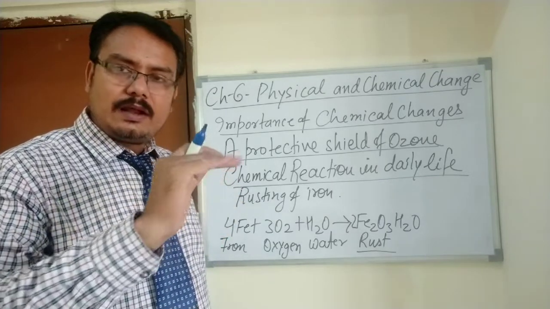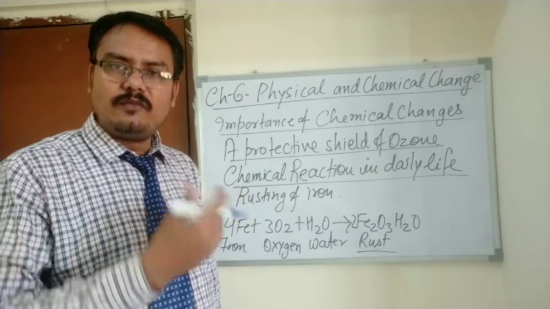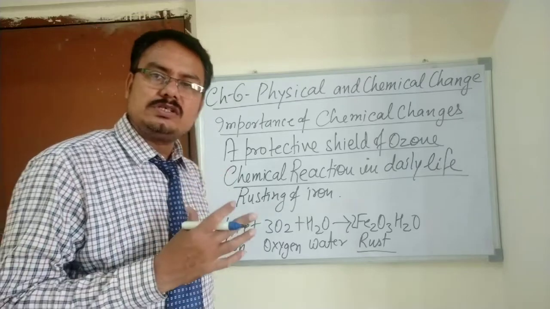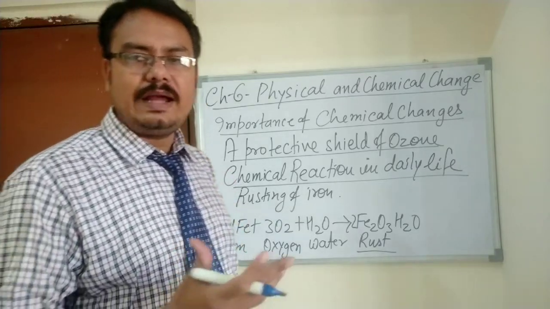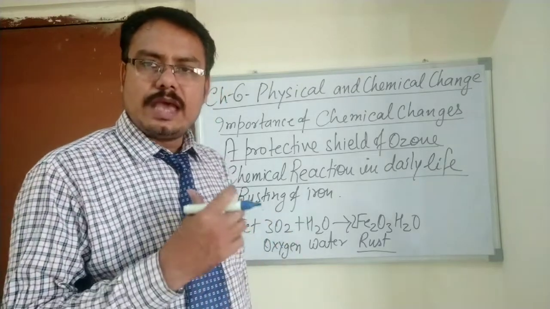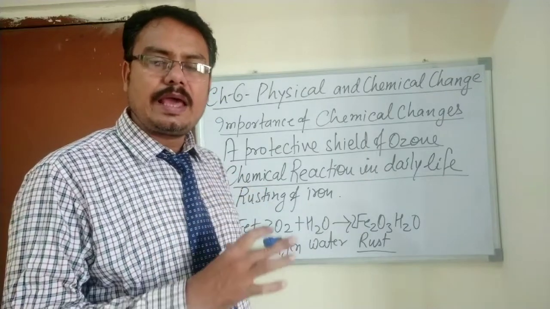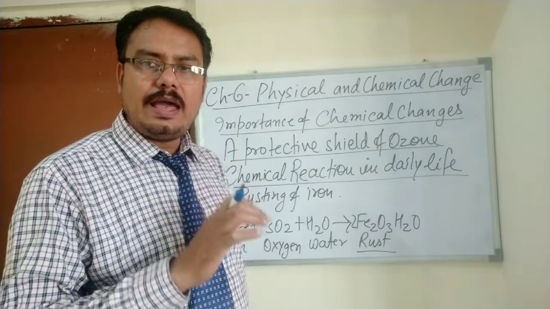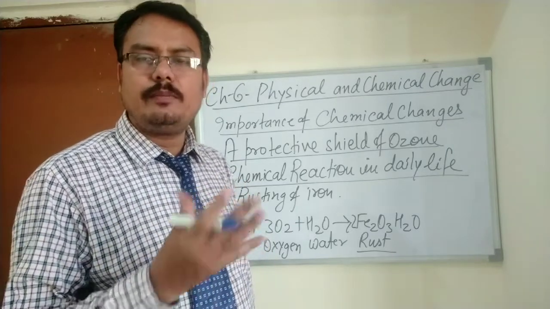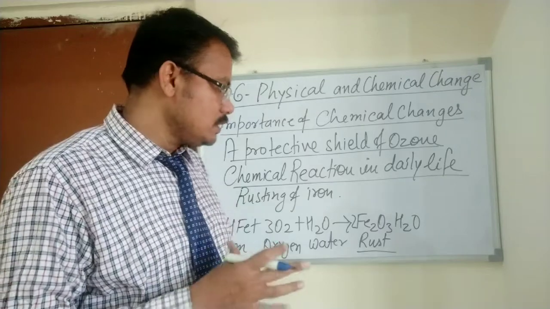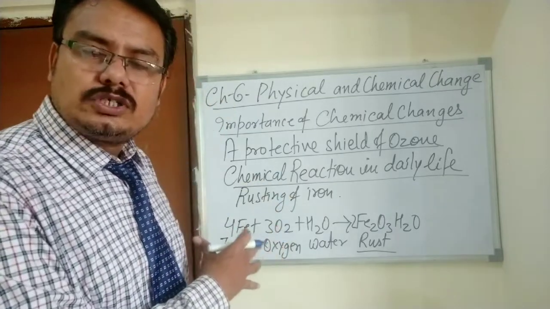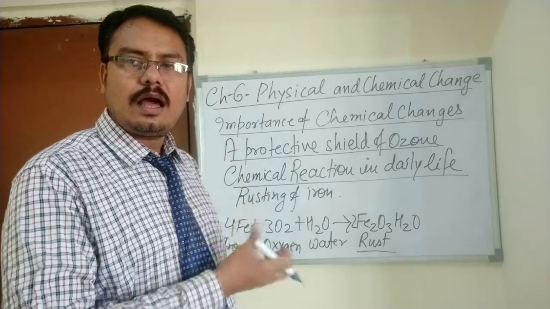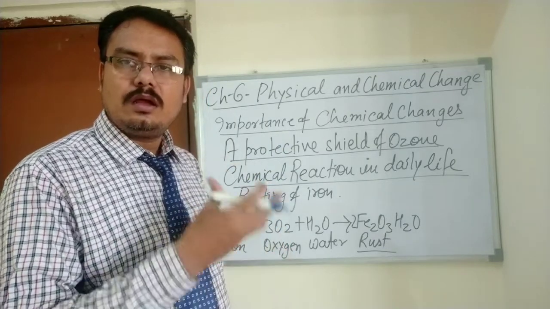The upper layer of the iron object has converted into rust, which is the degradation of that iron object, and slowly that iron will become weak and thinner, and it will not last long, it will break, because this moist air is corroding that iron object. That is called rusting.